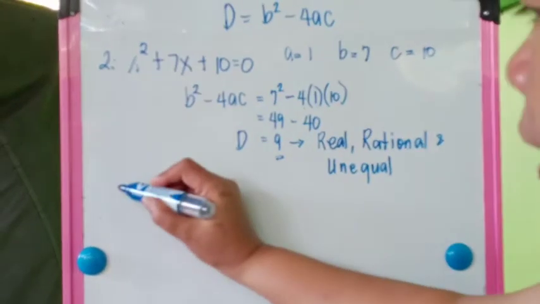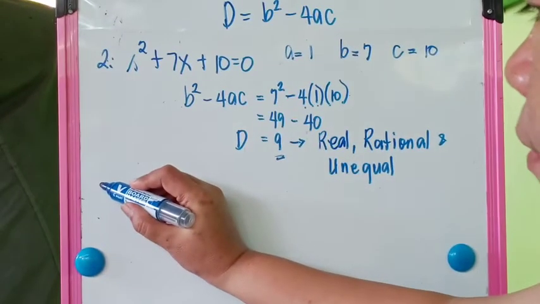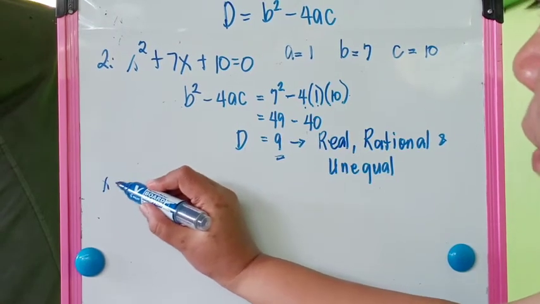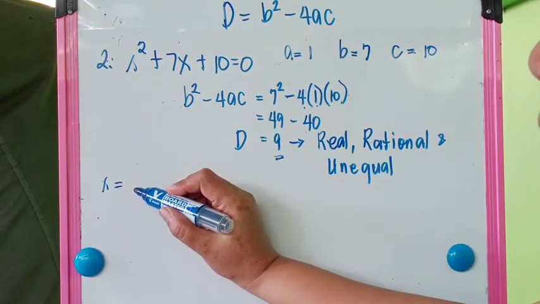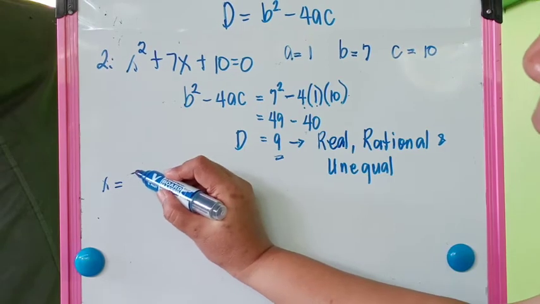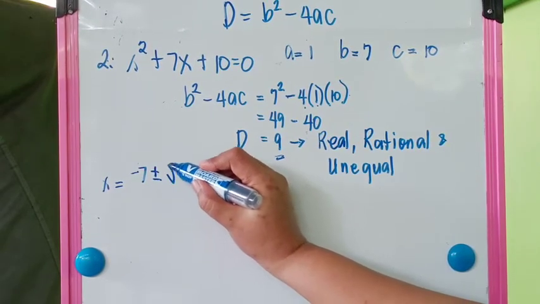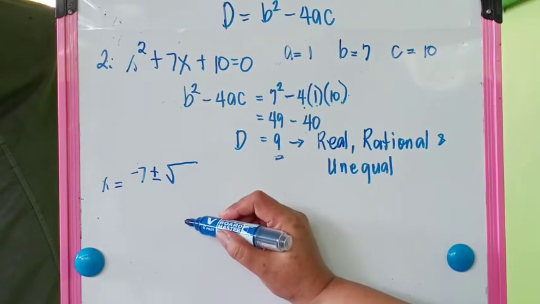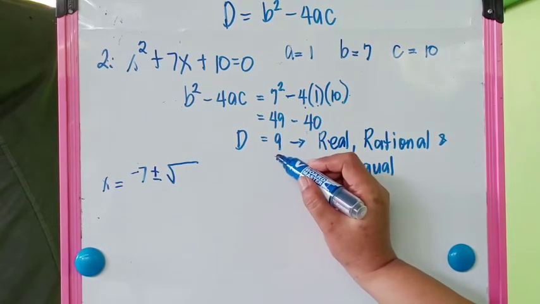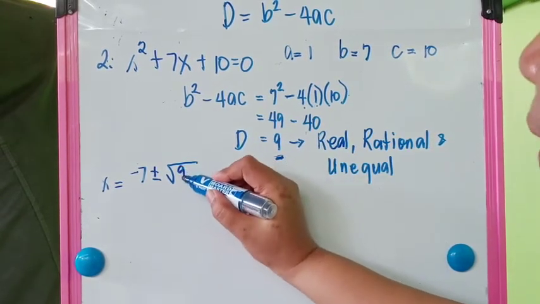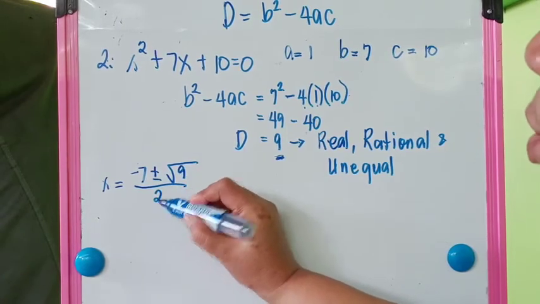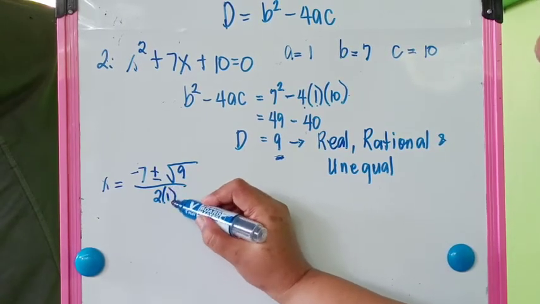So, let's use again the quadratic formula. So, x is equal to negative b. Negative b, so that is negative 7 plus or minus square root of b squared minus 4ac, which is 9, all over 2 multiplied by 1.